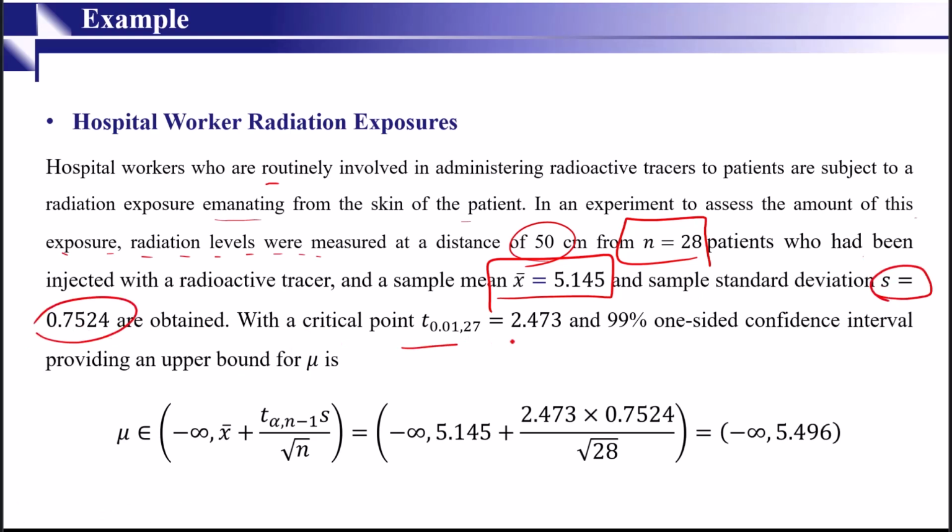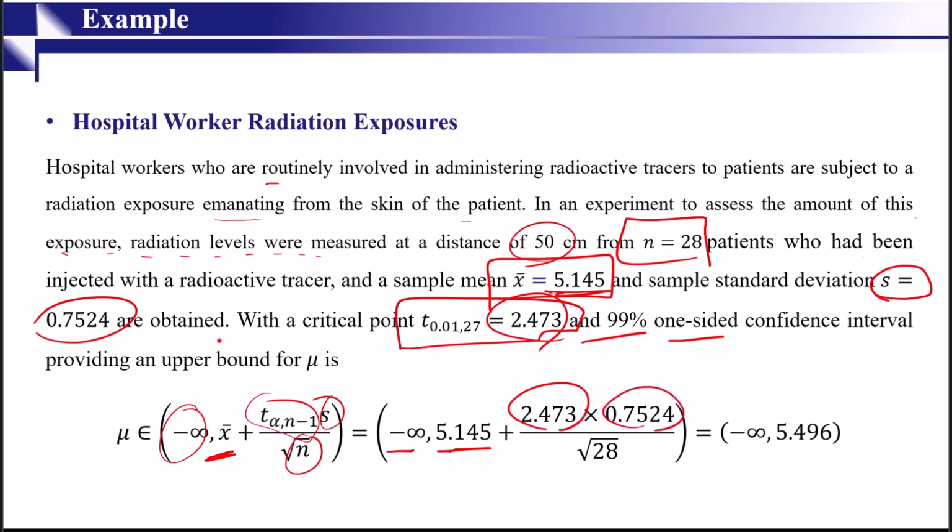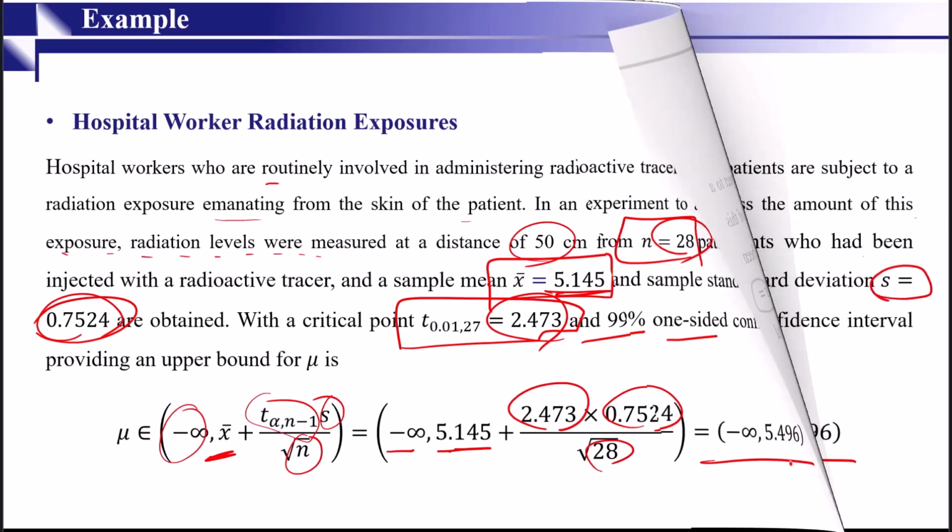With the critical point, we want a 99% one-sided confidence interval. So mu falls between minus infinity and x bar plus the critical point times s divided by root 28, which gives minus infinity to 5.496.